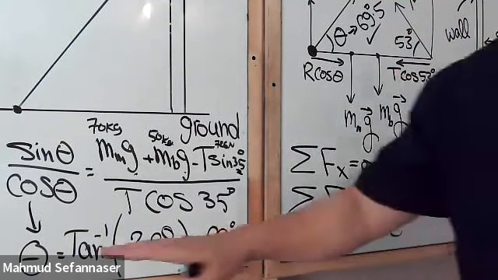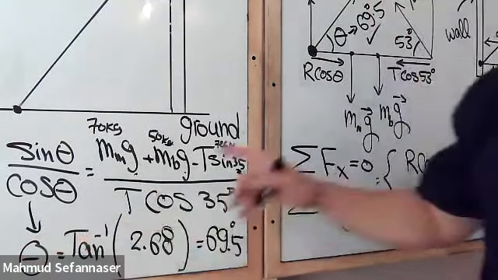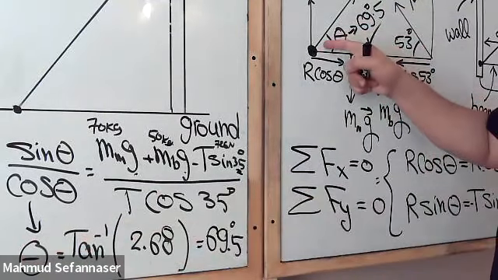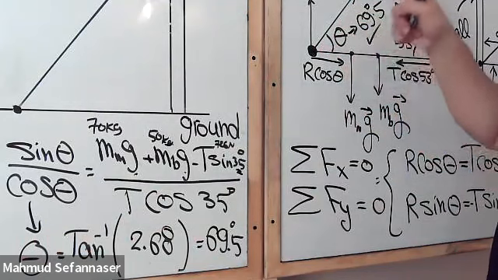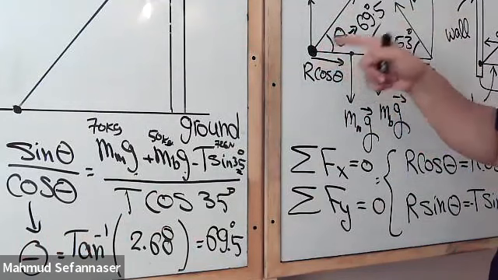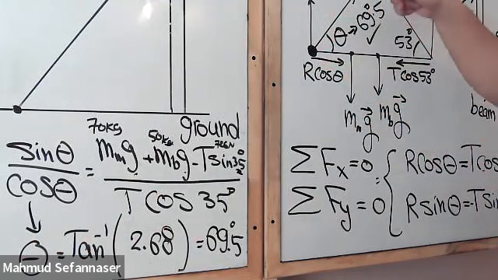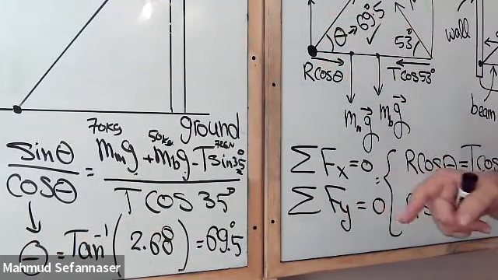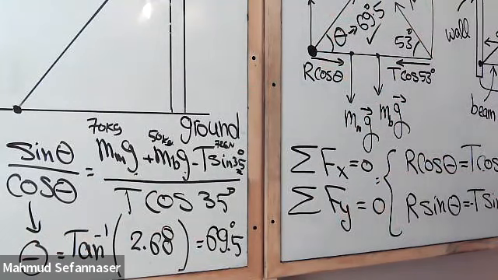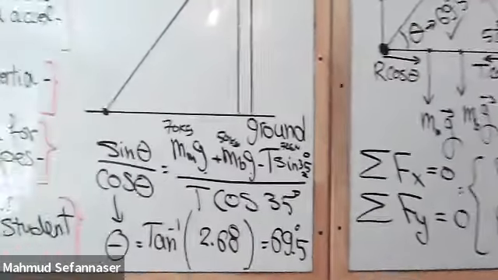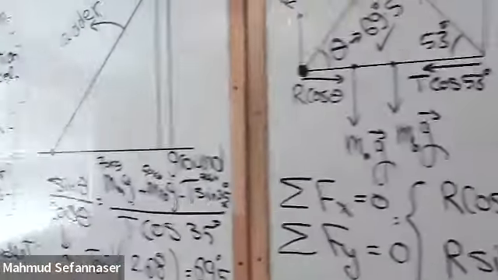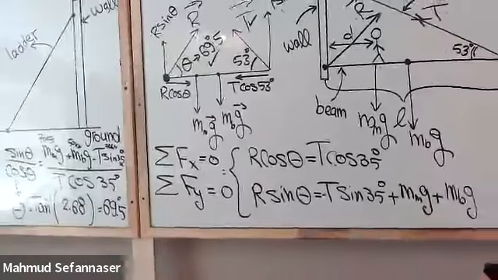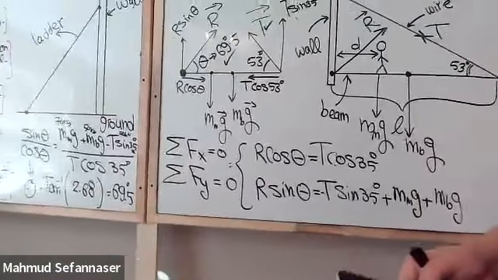So since we know the angle, guys, or the direction of the force that is exerted by the wall, I think it will be easy to figure out R itself. So how can we do that? To figure out R, guys, I think it's a good idea to come back again here, maybe go a little bit down so you can see me.